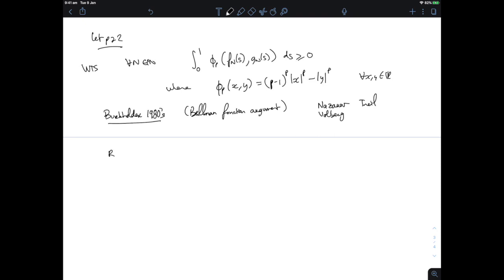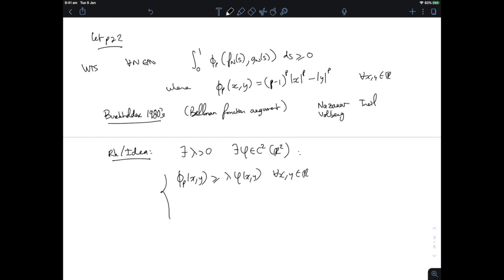So this is the key remark, the key idea here. So the idea is the following. Imagine that you can find a lambda, and you can find a function phi, little phi, C2 of R2, that is such that phi p of x, y is always greater than lambda phi of x, y on the one hand.